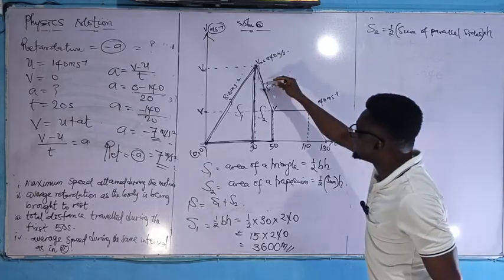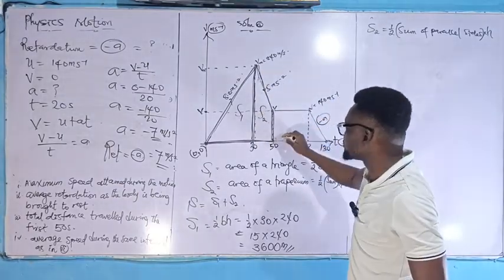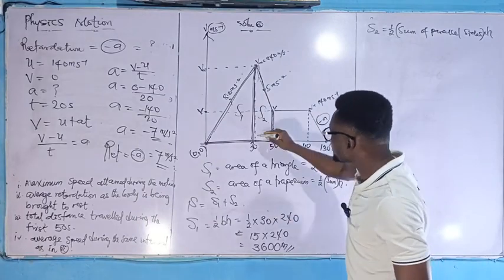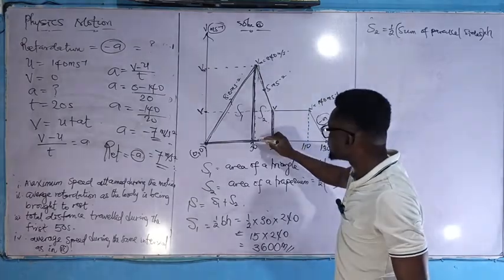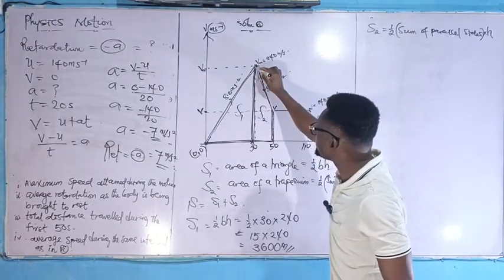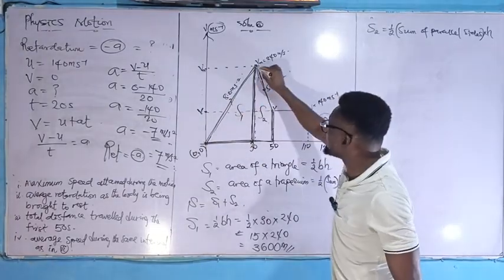Now let's check the sides that are parallel. This side is parallel to this side. I hope you can see it. From here to this point is 240, that is the maximum height.